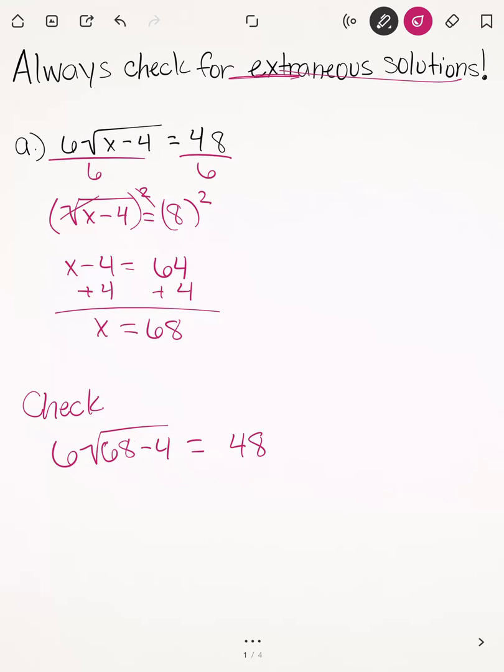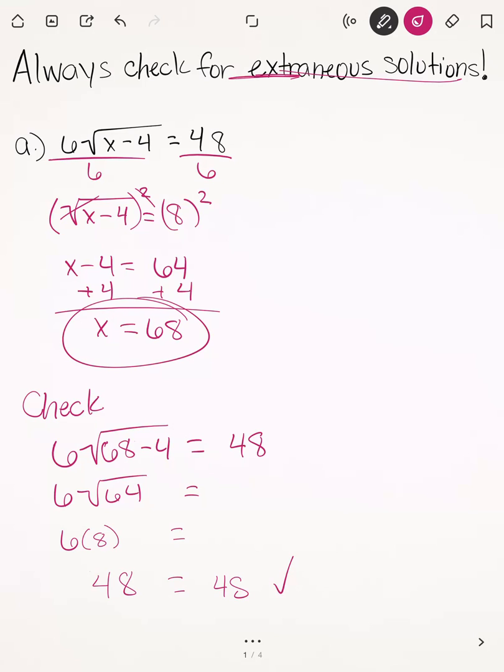So 68 minus 4 is 64. Square root of 64 is 8. The radical goes away. 8 times 6 is 48. Ugh, can't do math today. Can't do math any day, but here I am. 48. So yes, 48 equals 48. This is our answer. We circle it.